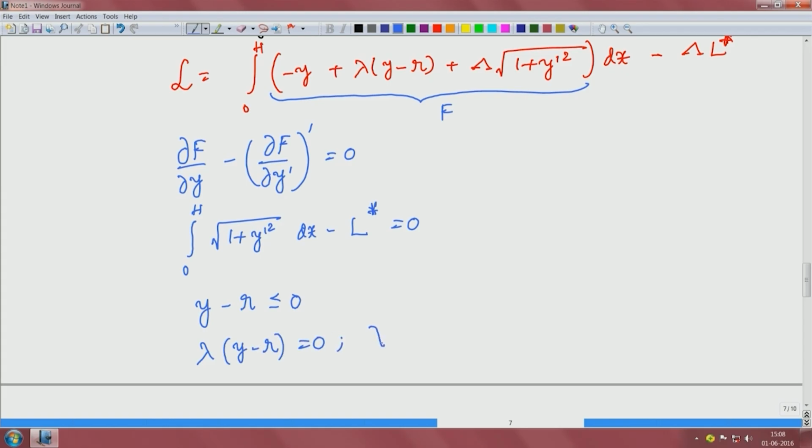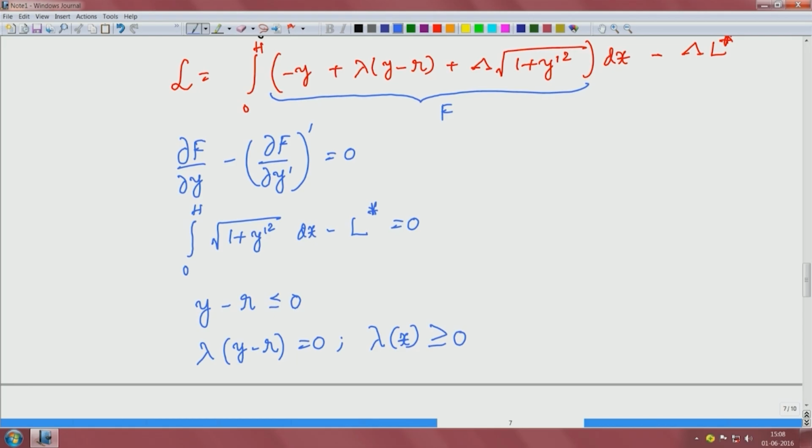As the complementarity condition arises with inequality, we also have this other thing, that lambda of x is greater than or equal to 0. It cannot be negative, for the same reasons we had stated for finite variable optimization.